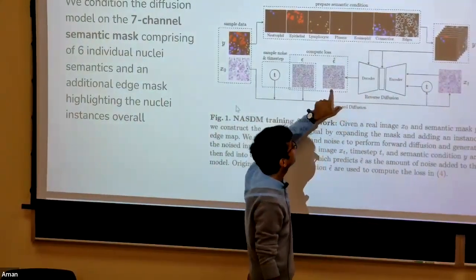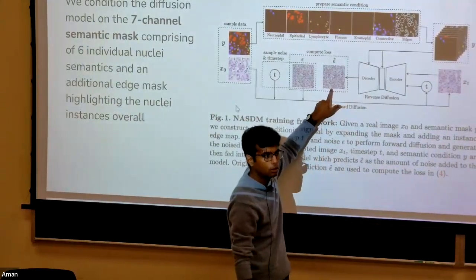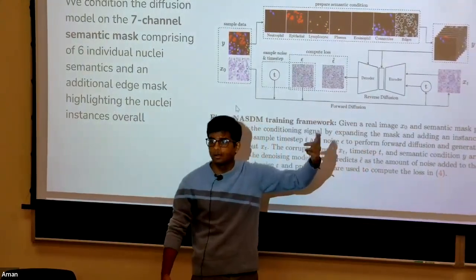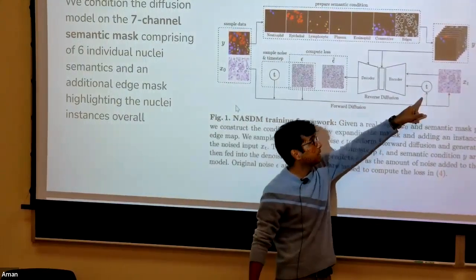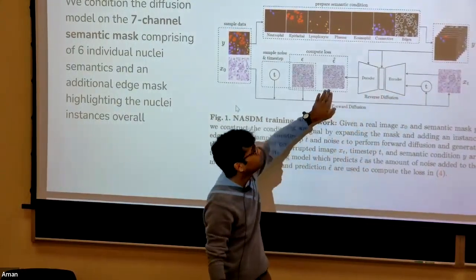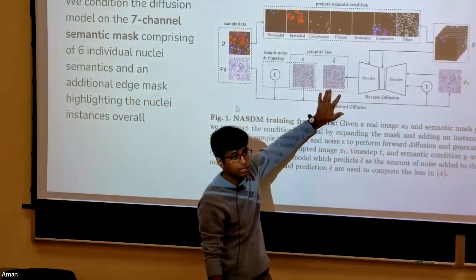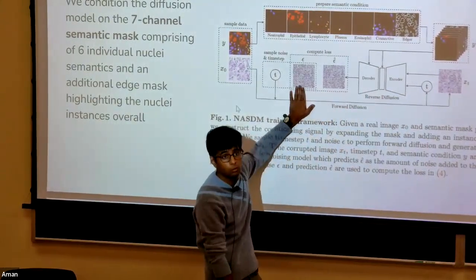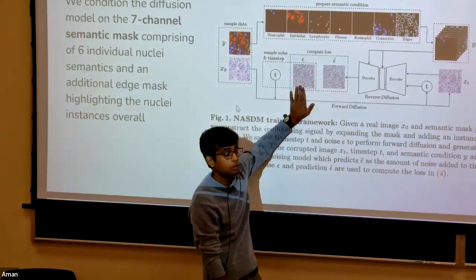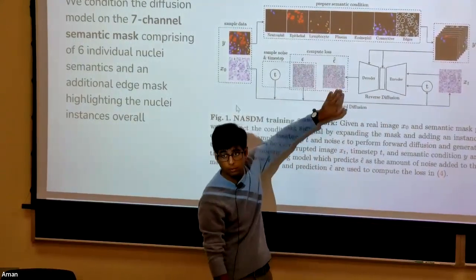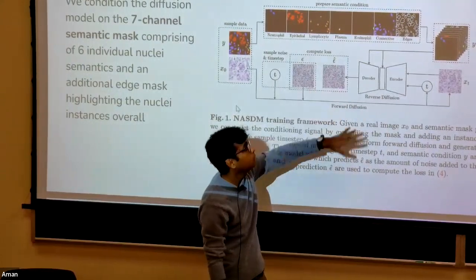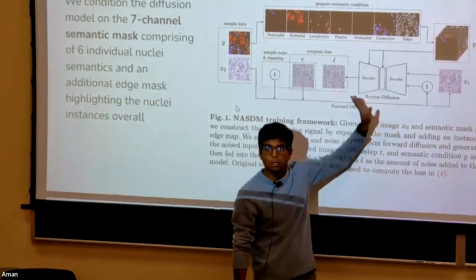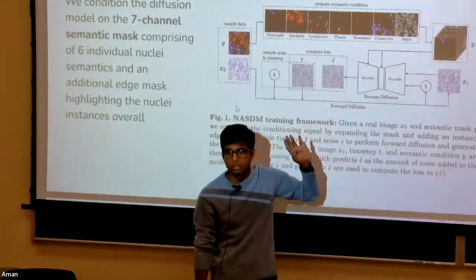This one predicts the amount of noise that was added to the image, as we had discussed, which is a practical consideration that works better. So you take in the noisy image, the time step, and the conditioning signal. The model predicts the noise that was added to the image. We already know what the noise was that we added. So we just compute a loss between the noise that the model predicts and the noise that we already have, and then you optimize this reverse diffusion model based on that loss, right?